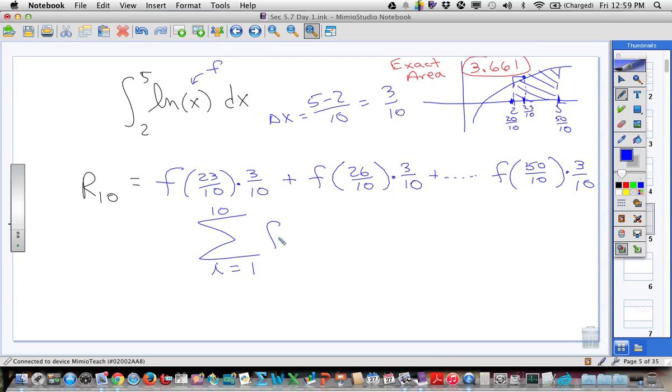And then F would be here, the parentheses would be here, 3/10 is in every one of them, right? There's a 10 on the bottom. Remember how we talked about that yesterday? So the only thing we have to generate is the 23, the 26, all the way up to 50. 20 plus 3i. Now, if you're having trouble seeing that that's 20 plus 3i, here's my suggestion to you.